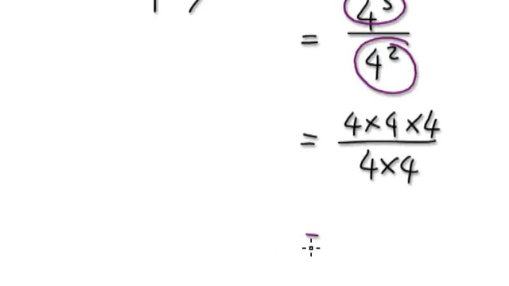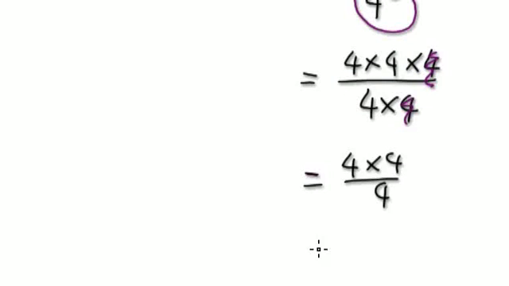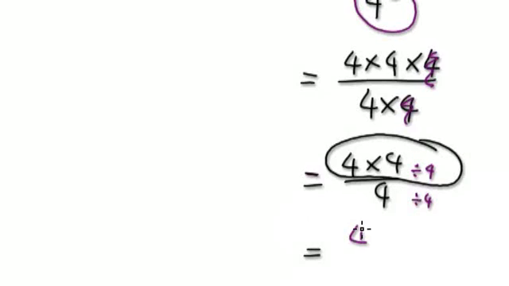Okay, so now divide top and bottom by 4. So basically, kill these two off, and then that would be 4 times 4 over 4. Now divide top and bottom by 4 again. So that will be divide top by 4, divide bottom by 4. So this thing here will be 4 over 4 divided by 4 here will be 1.